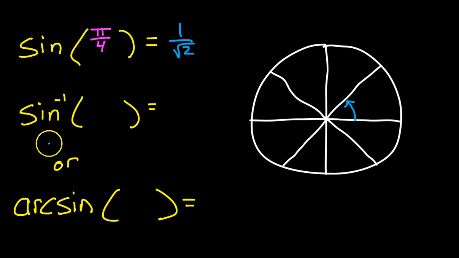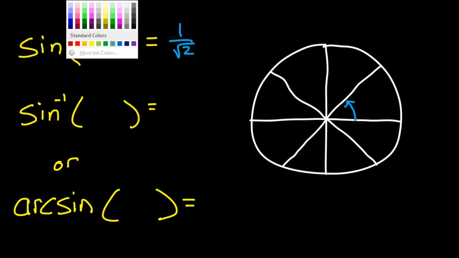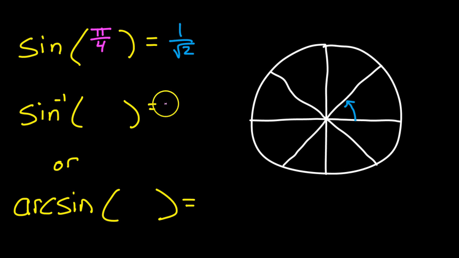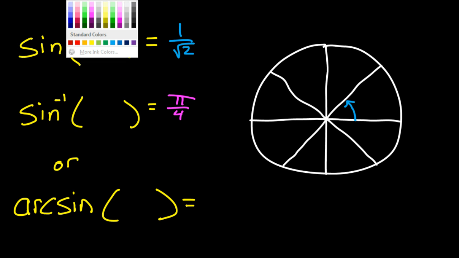Now the inverse sine, or arcsine, we are reversing these two things. So the angle is going to go here, and the value of the function is going to go here.